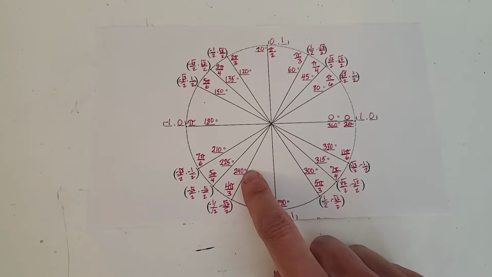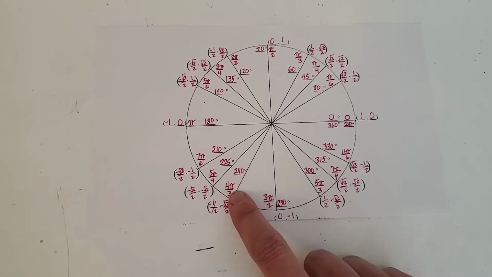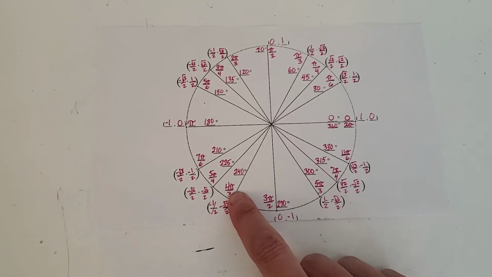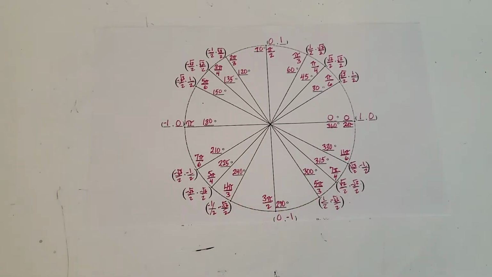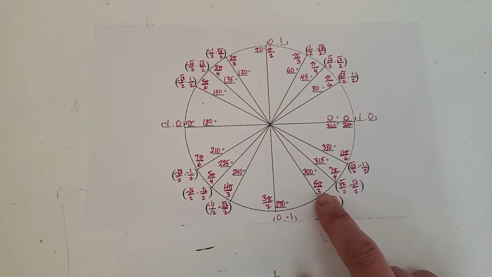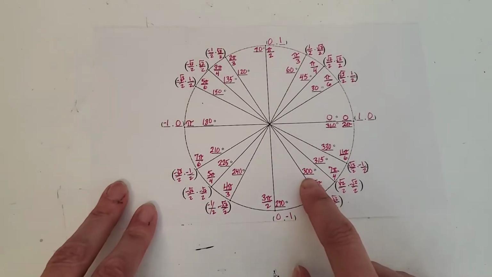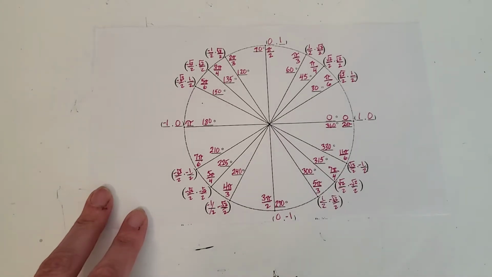Look for 240 degrees on your unit circle, and right there is 4 pi over 3 radians. And you're like, this is gonna be a snap. Can you go the other direction? How many degrees is 5 pi over 3 radians? Well, find 5 pi over 3 radians, and that is 300 degrees.